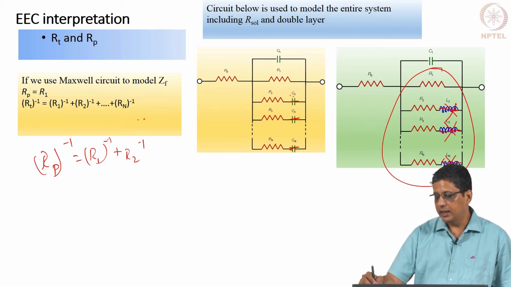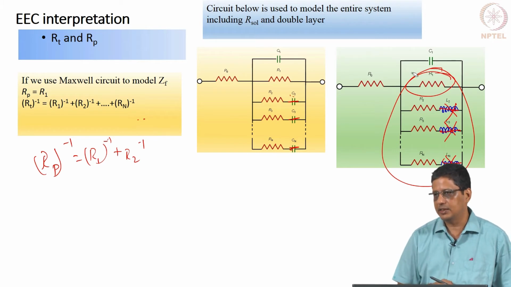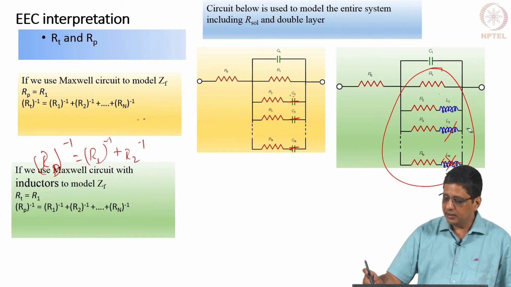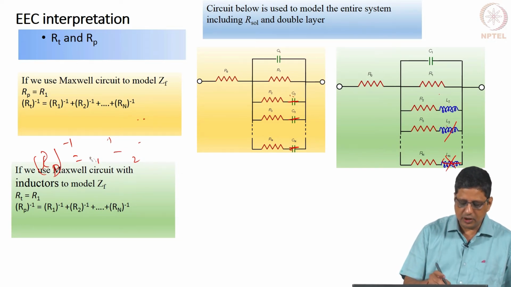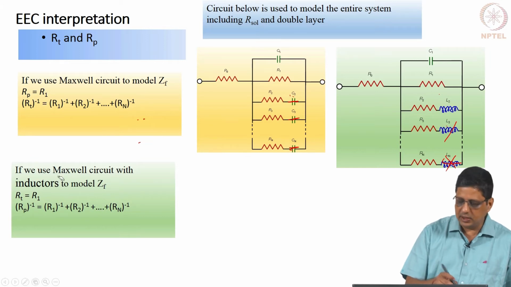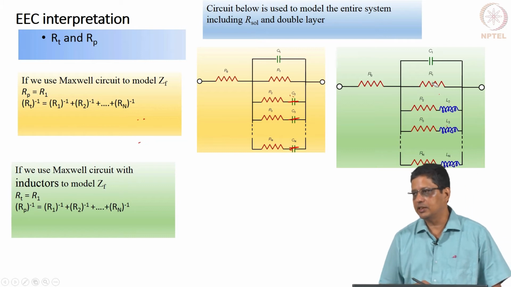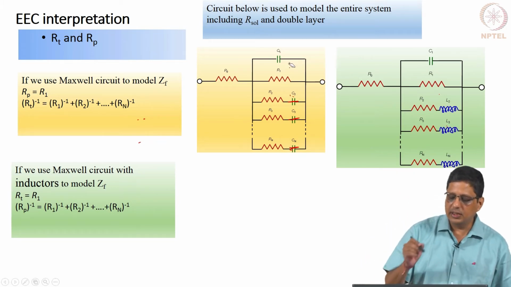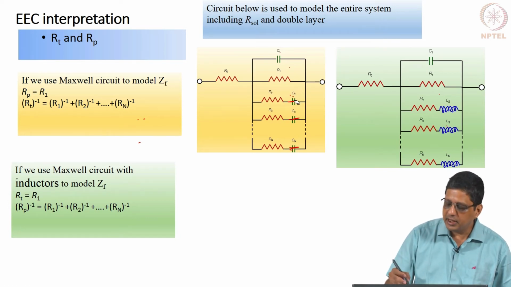The inductance will not allow any current to go through, therefore, this becomes the charge transfer resistance. So, in the Maxwell circuit with inductor, if I am able to fit the data to this circuit, I can right away tell charge transfer resistance is R1. If I fit it to the other circuit, I can right away say polarization resistance is R1. Now, I have not mentioned anything about the capacitance being positive or negative.